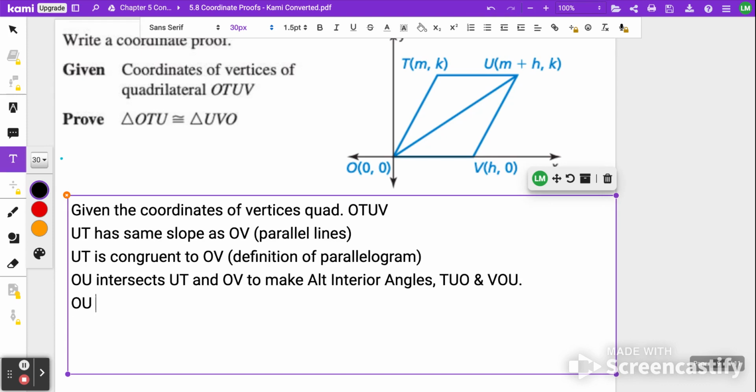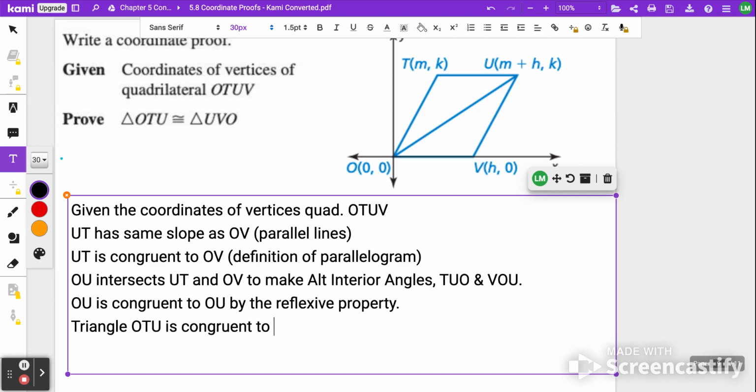I know that OU is congruent to OU by the reflexive property. So then I can say that triangle OTU is congruent to triangle UVO using the side-angle-side congruence theorem.